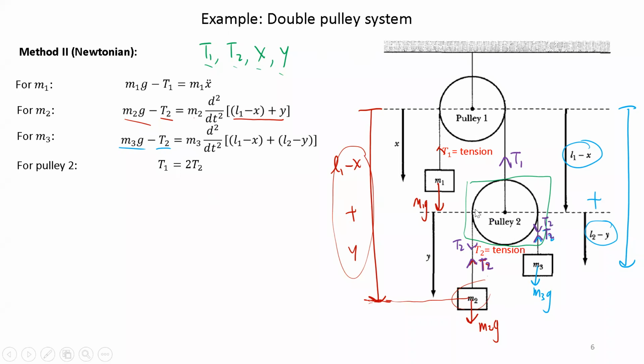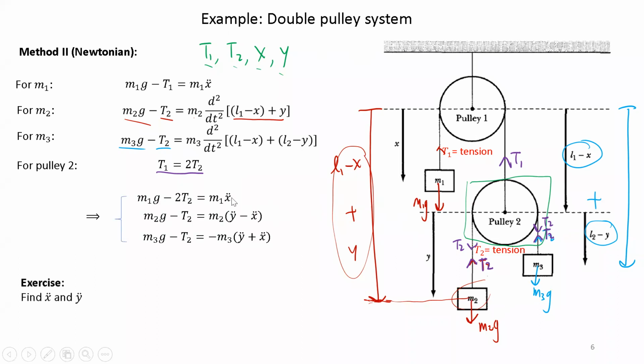So that's why T1 has to be equal to 2 times T2, so that the net force acting on this pulley 2 is 0. From there, we now have 4 equations and 4 unknowns, linear equations, so you'll be able to simplify them and work out the x and y. That's how we do it with the Newtonian way.